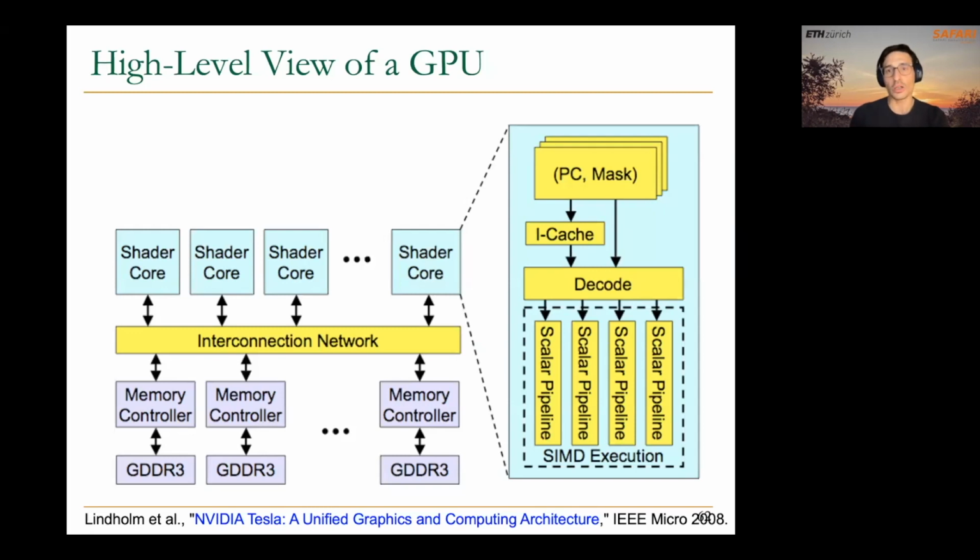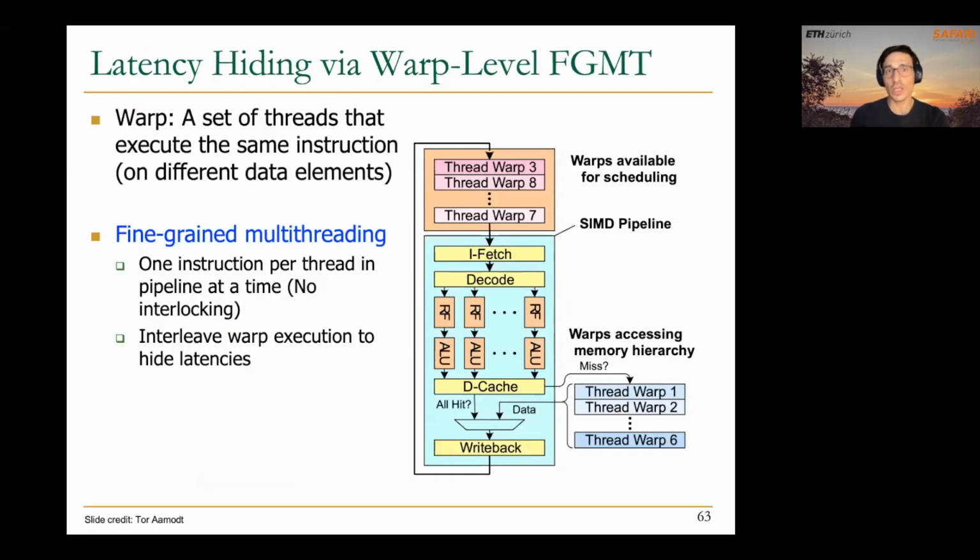And here you have another view of this shader core, or this GPU core, streaming multiprocessor. We can see in this part of the slide how we have different warps or different instructions from different warps ready for execution at some point. For example, here at this point, we are issuing one instruction from warp 7 into the SIMD pipeline.